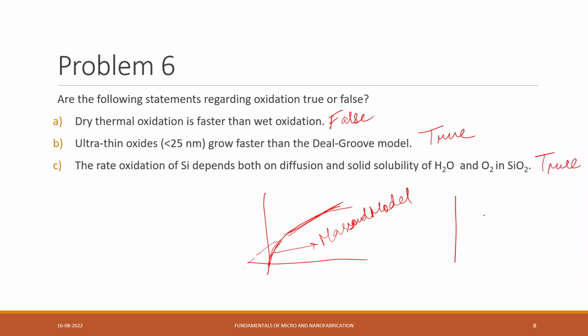If we have silicon oxide here and silicon here, it has to diffuse through it, and along with diffusion, it also has to get into this medium. So solubility is also an important thing. So yeah, it's true. Good, good.